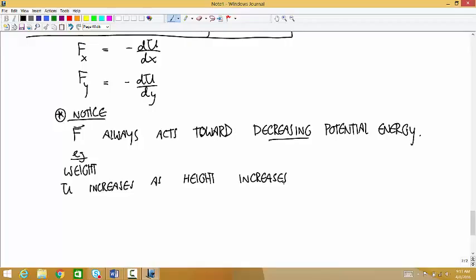And so that means that potential energy decreases as height decreases. And so which direction would you expect the weight force based on this to point? Down. And that's what we know it does.